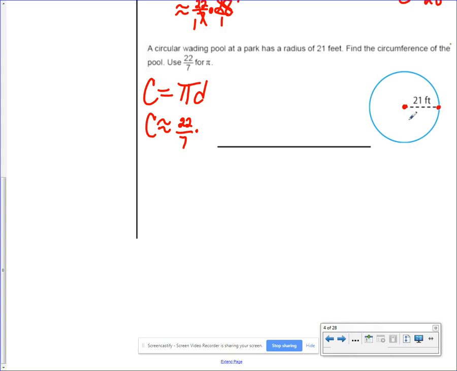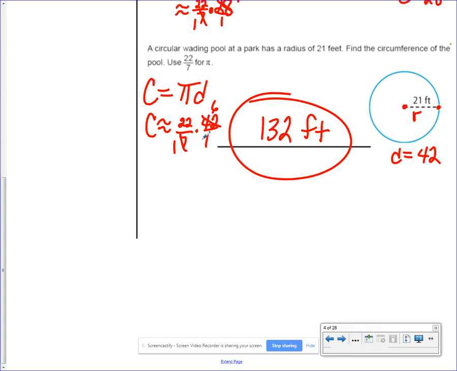Diameter, hold your horses, that's the radius. My diameter is twice as big. Go ahead and crank this one out. 22/7 times 42, which is the same as 42 over 1. I know 7 can fit into 42 exactly 6 times. So 22 times 6 gives you 132 feet for your approximate circumference.